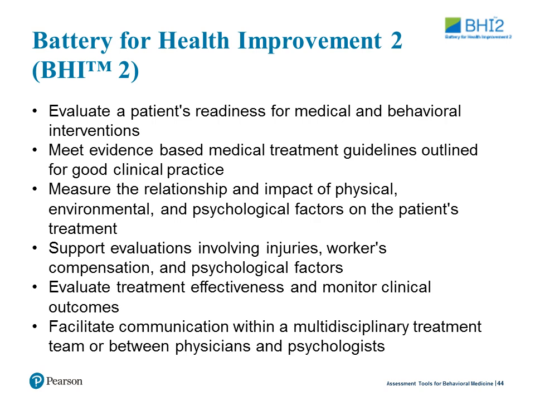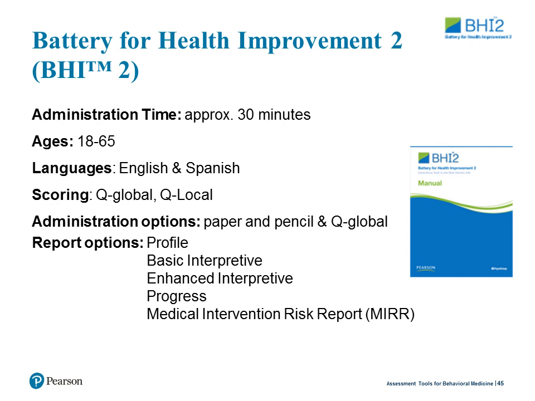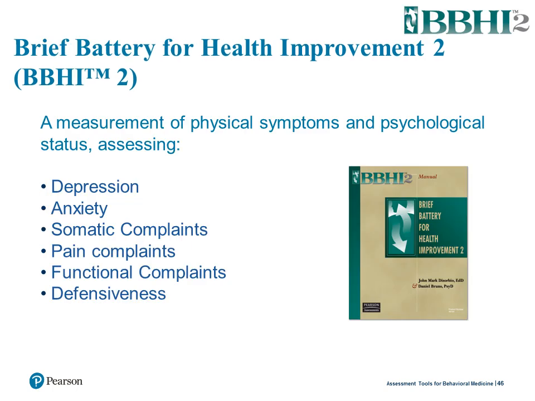So if the physician or surgeon is considering something like a surgical intervention, there's a report that can be obtained from this instrument that would give them information about the potential for treatment failure, really, the risk for treatment failure, depending on or attributable to a number of different factors that are evaluated in the BHI. Okay, again, just some more information about the BHI.